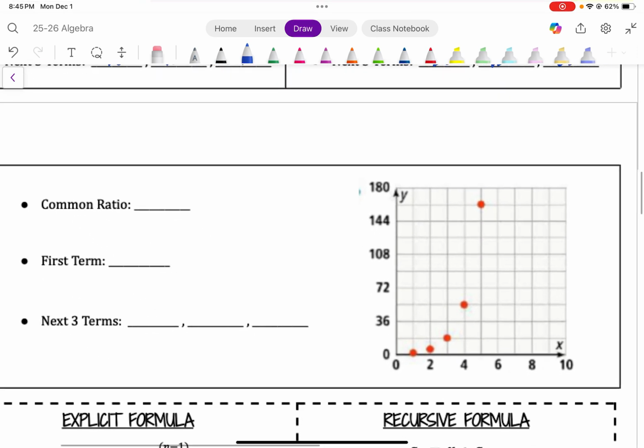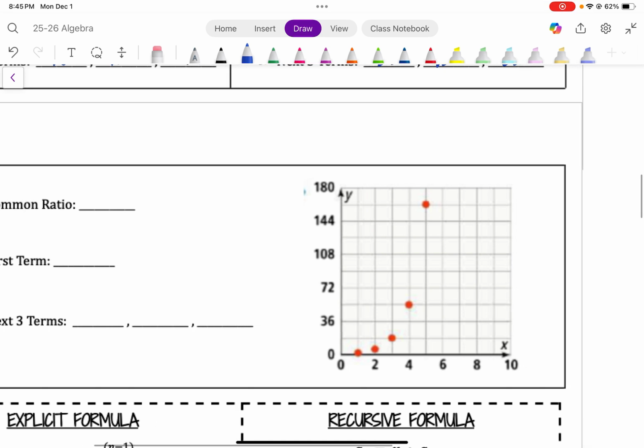Now this next one is presented to us on a graph, but what I want us to do is look at that graph and make an ordered pair list or a chart. And I can see, let's see, it looks like every box is counting for 18.